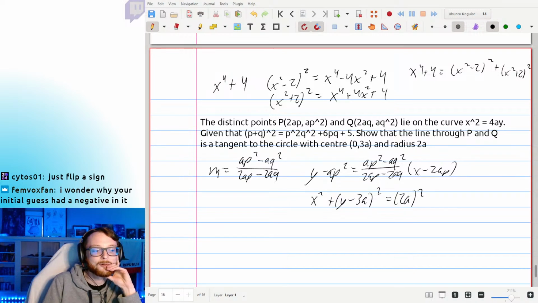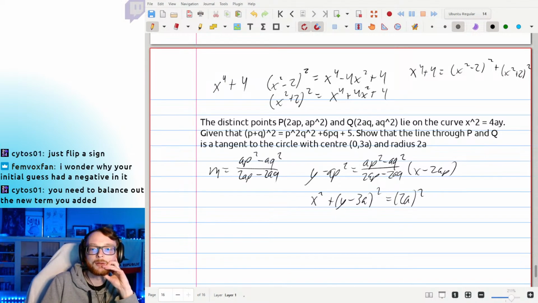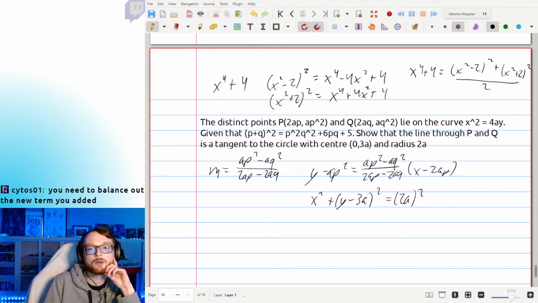Hey, Lewis Carter, elimination, like for a system of equations, yeah. Oh wait, no, we have to divide it by two, but I don't think that's what I don't think that's it.